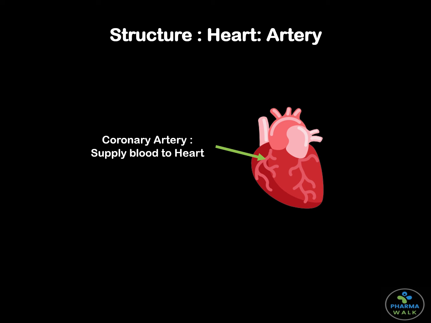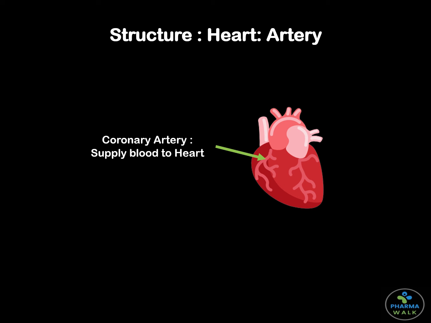This is the artery which supplies oxygen, nutrients and blood to the heart. So remember one thing, the word coronary is always related to the heart. Whenever you see the word coronary, that means something related to the heart. So four chambers, four valves, coronary artery.